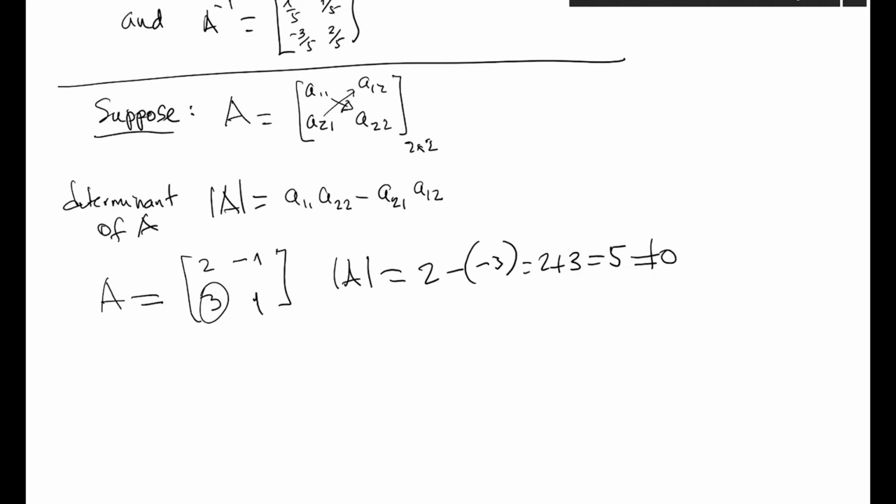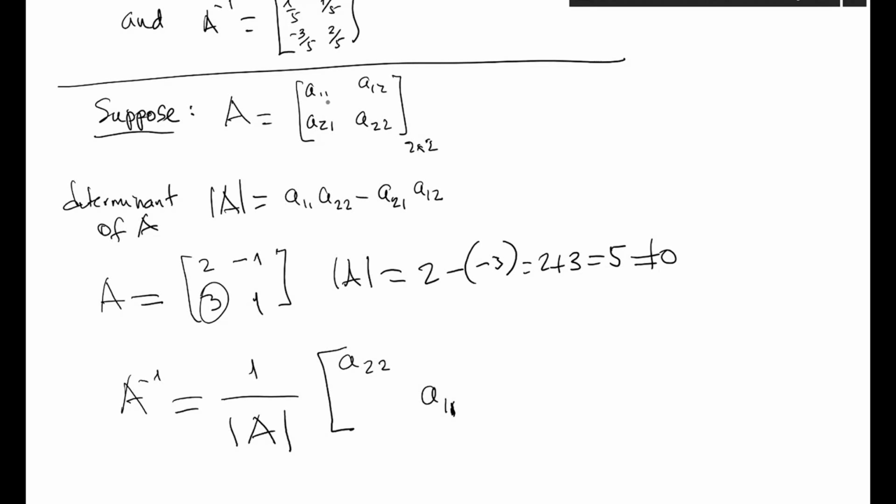How to find the inverse? Here is the formula. A to the minus 1 in order 2 is 1 divided by the determinant of A times this matrix. Those elements are the elements of the main diagonal. Just change them of place, this way, in the main diagonal.